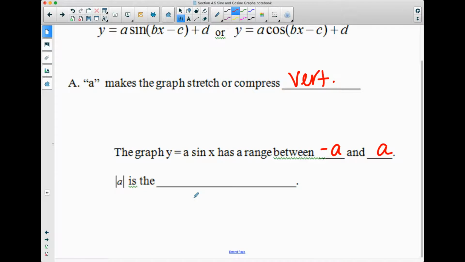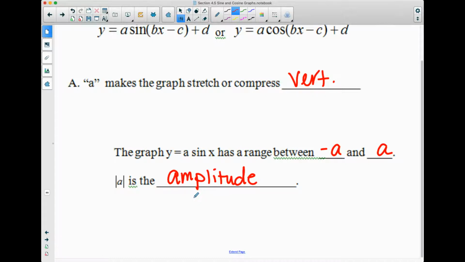The absolute value of it is our amplitude. So in other words, your amplitude can never be negative. Kind of like how I told y'all reference angles can't be negative.